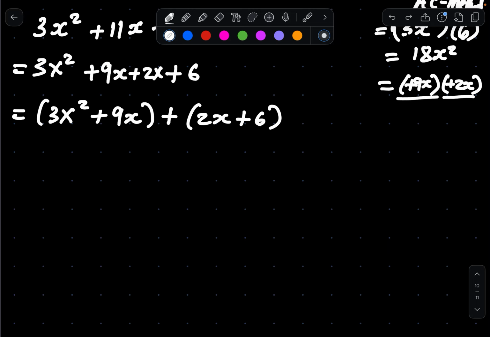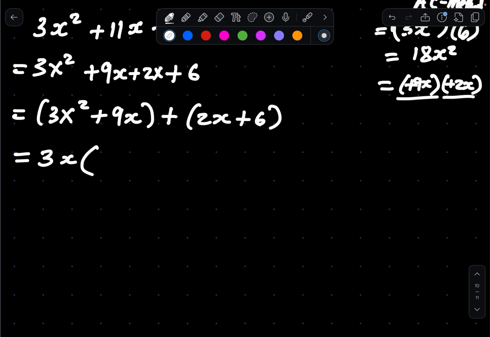And then if you check in the first bracket, we have a highest common factor. 3 and 9, the common factor is 3. x squared and x, the common factor is x.